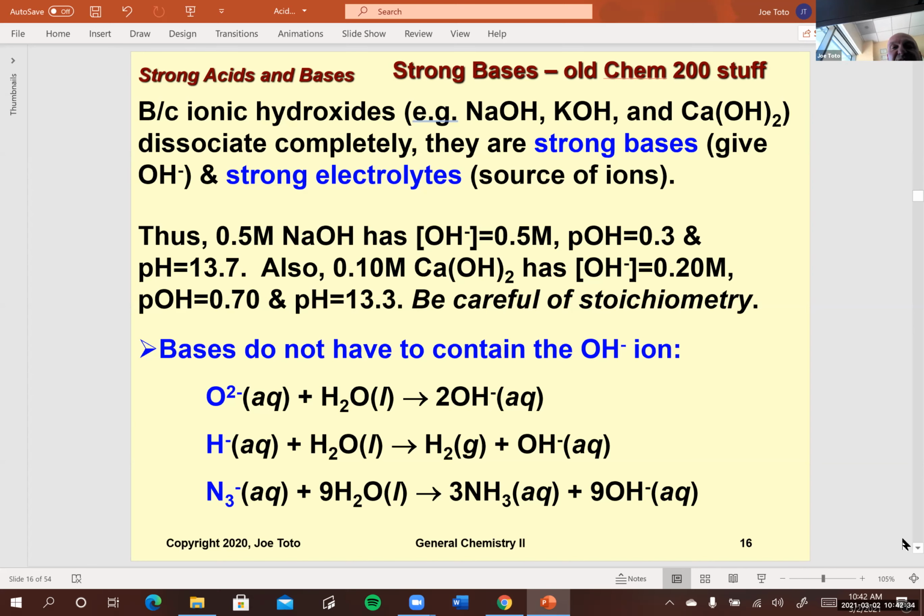And you can see it's pretty much any metal, usually group 1 or 2, sodium, potassium, lithium, and a hydroxide. You know from your solubility rules that they completely dissociate. So I have sodium hydroxide in water goes to Na plus and OH minus.